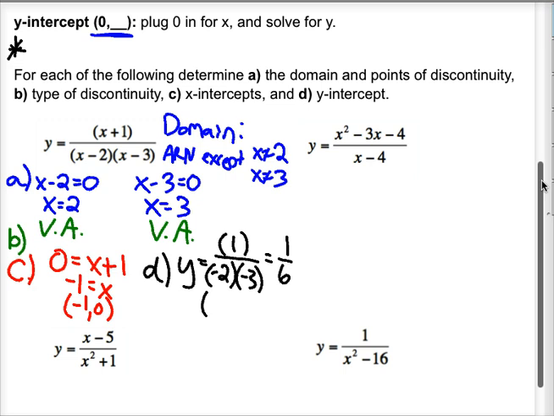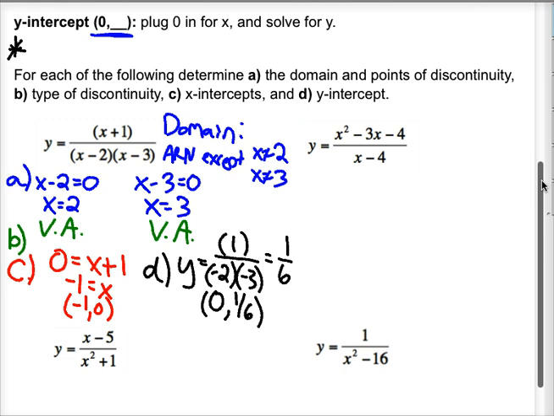So our y-intercept is going to be at (0, 1/6). Again, there's a lot to take in here, a lot of vocab, which is why whenever you're doing practice work on this, have this out so you can reflect how to solve on each piece.